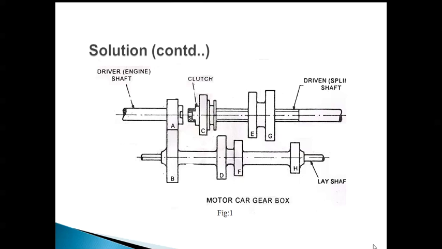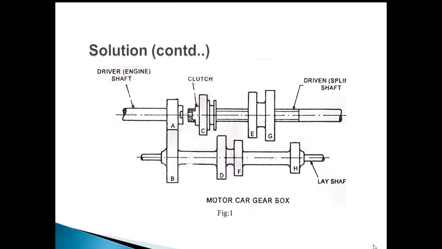The spline shaft carries three gears, C, E and G, which slide over the driven shaft, and whenever the required speed is wanted, the particular gear will contact the lay shaft gear to get the different change of speeds.